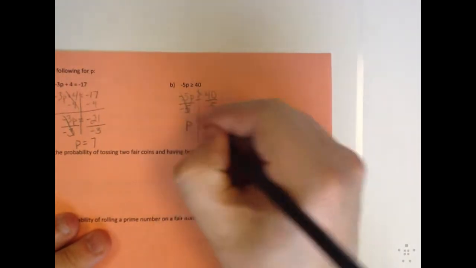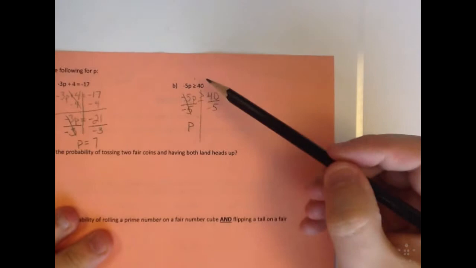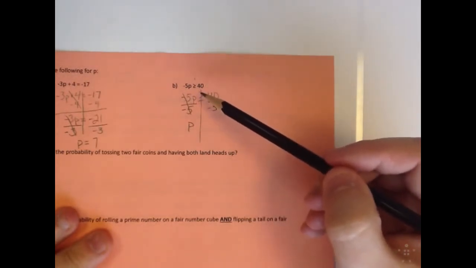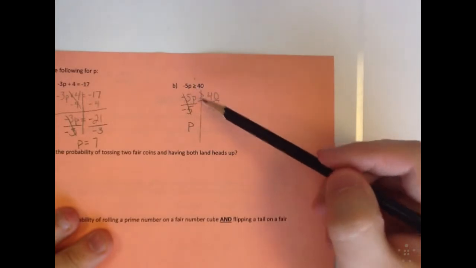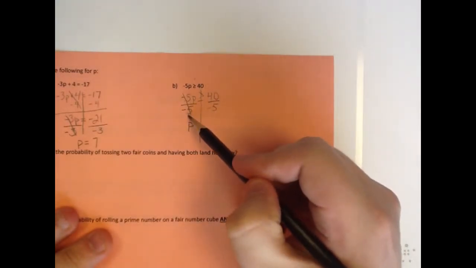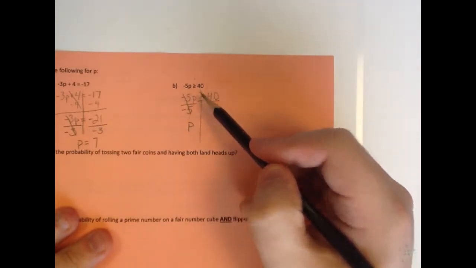We end up with p. All right, now here's a little trick, and I'm not sure everyone fully understood this. When you're solving one of these and you have a greater than or greater than or equal to or less than or equal to, basically any inequality sign, and you divide by a negative number, you must take this sign and flip it.